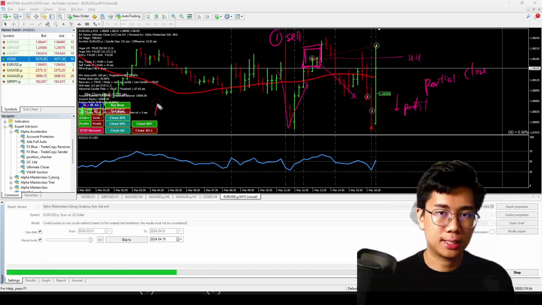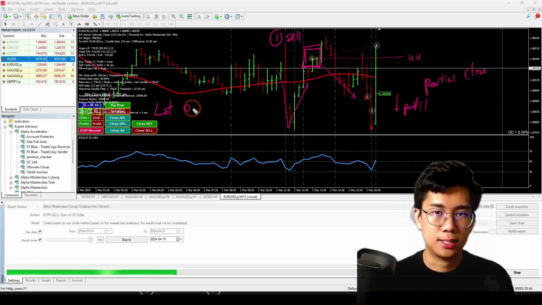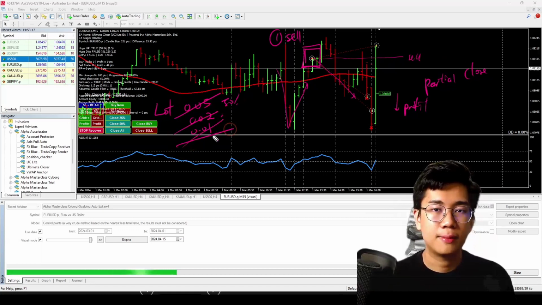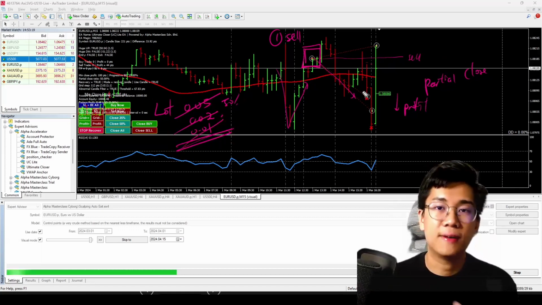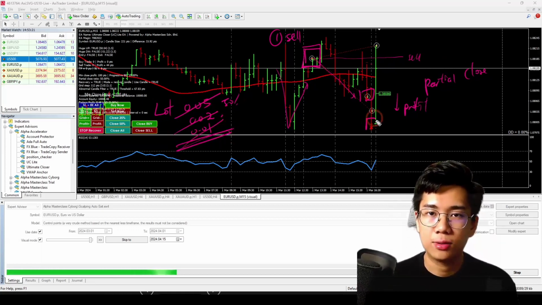Let's say the lot size used to trade is 0.05. You close half, partial by 50%, then it becomes 0.02. Then close half again, becomes 0.01, and close half again, there is no more, then it means close all. So by default, it will be closing one by one.